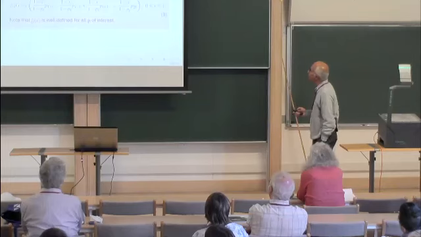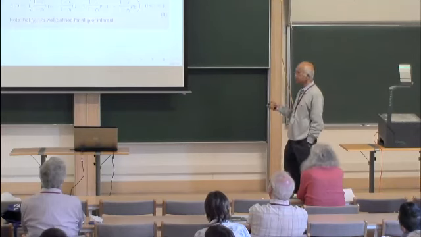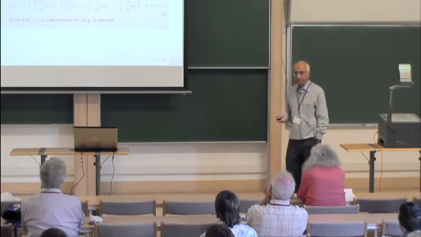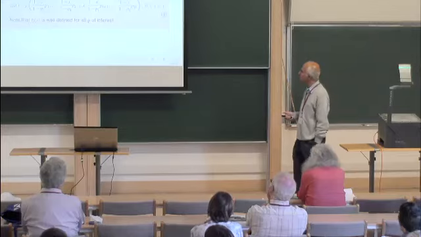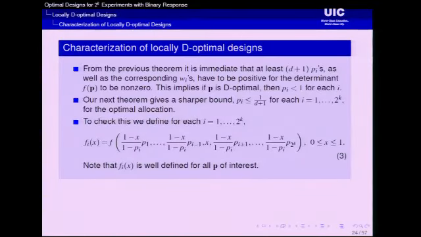And so from the previous theorem, one can prove several other results, and I'm going to skip a lot of the next few slides. One can show that for the optimal design, the optimal proportions are never larger than 1 over d plus 1. If it hits 1 over d plus 1, well, let me not go there right now.